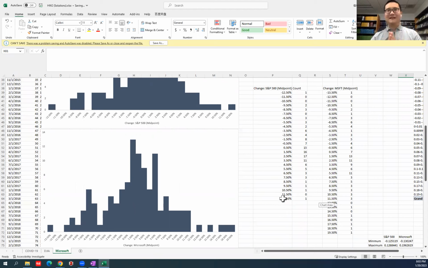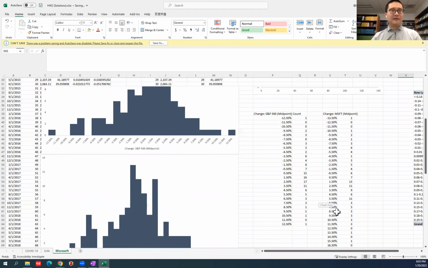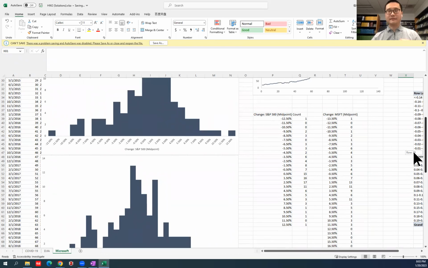So I'm showing the example I have here for the stock market changes. It's a histogram. It shows nothing but frequency.